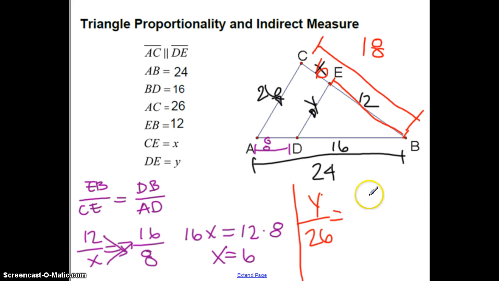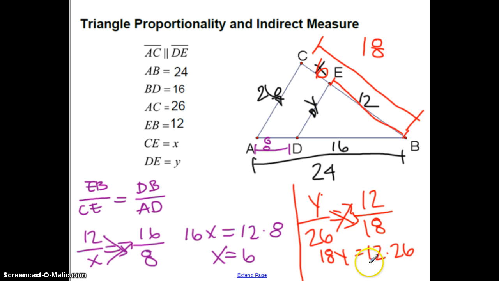My small side is going to be 12, and my big triangle side is going to be 18. Cross multiply, and you get 18y equals 12 times 26. When you solve for y, you get y equals 17.3. Now I want you on your own to try to apply the same thing to the next problem.